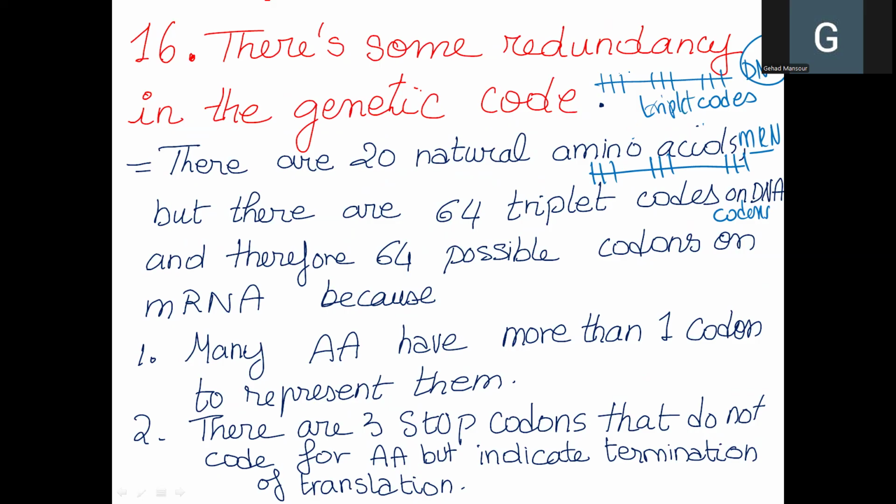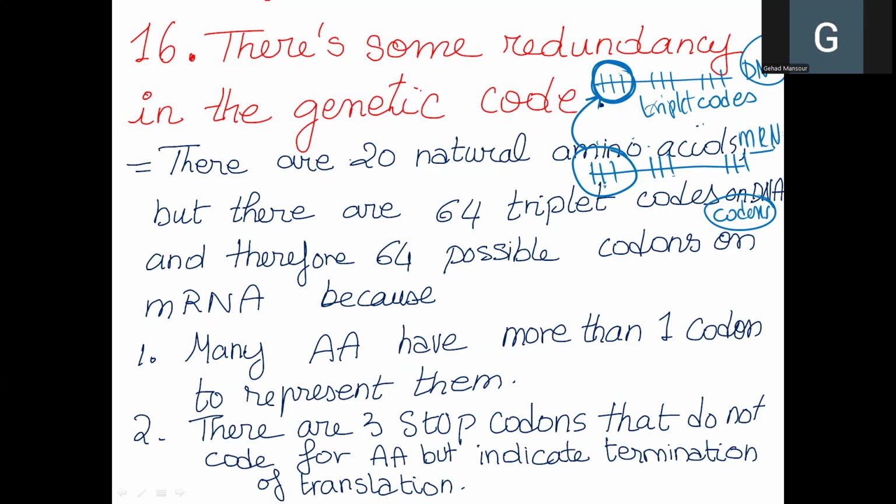What is a triplet code? It is a sequence of three sequential nitrogenous bases on DNA. But since messenger RNA has codons that are complementary to the triplet codes, on DNA we say code, on messenger RNA we say codon, then the sequence of codons on messenger RNA is also a genetic code.